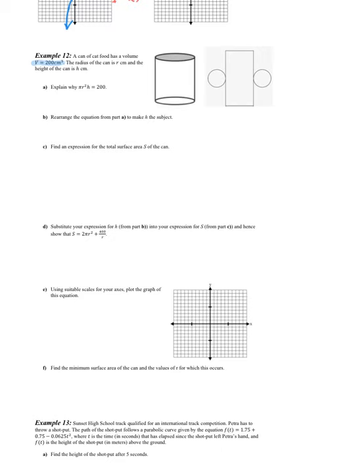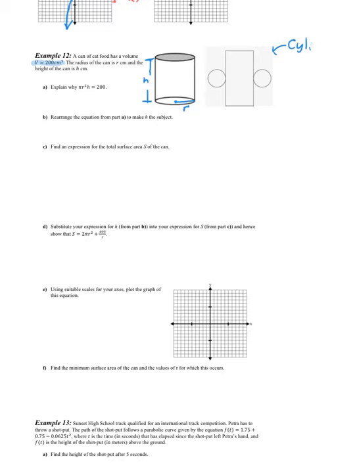So the radius of the can is r centimeters and the height is h centimeters. So this is what our cylinder is going to look like. There's your radius right there, and then your height is going to look like this. And what I have drawn next to this, I found online. This is basically what the cylinder looks like if I were to fold it out on a flat piece of paper.